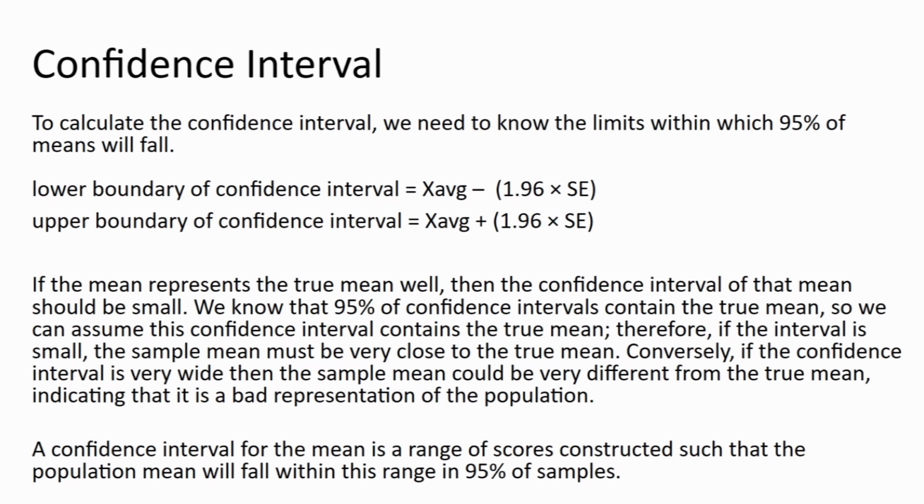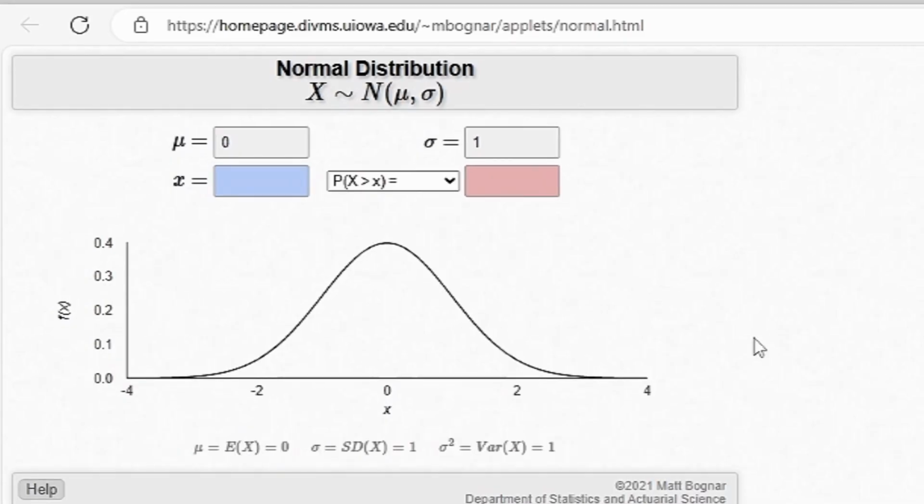We need to know the limits within which 95% of means will fall. So, what is the lower limit? It is the mean minus 1.96 into standard error. Why 1.96? Let us go to the Z table. We are looking for this sort of plot.